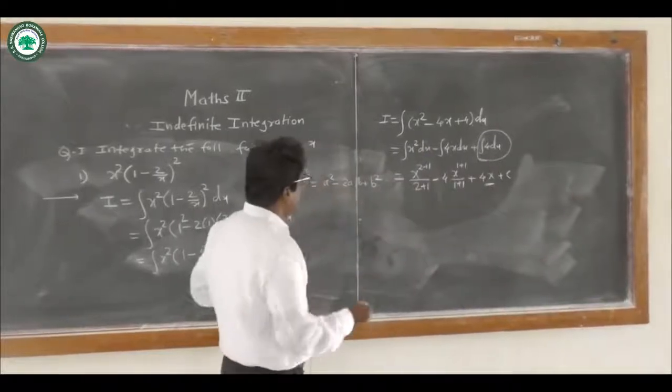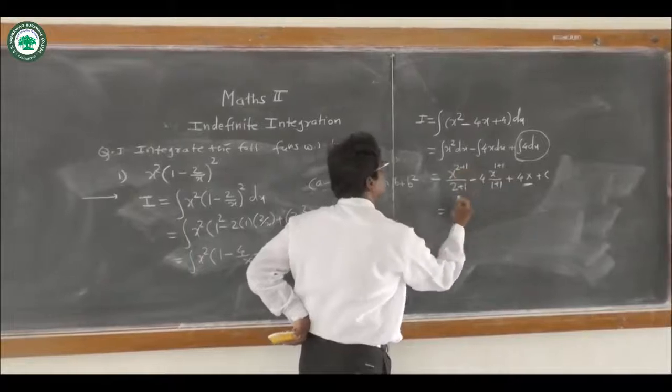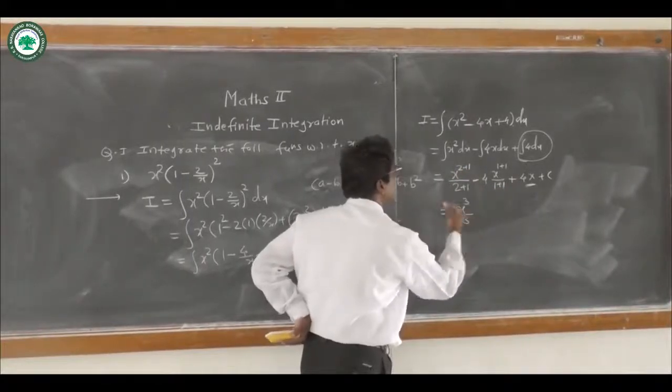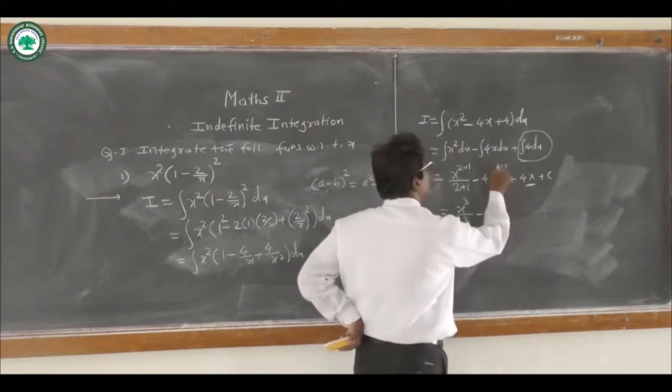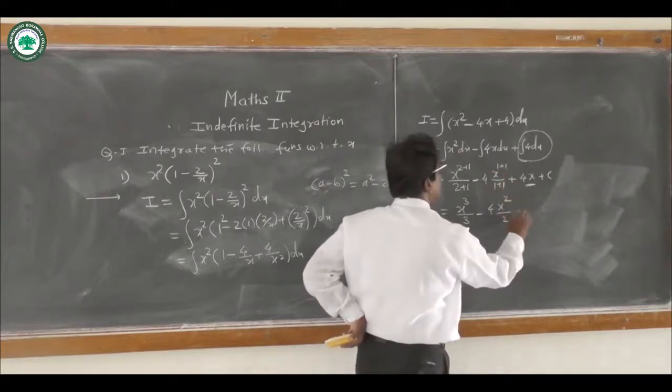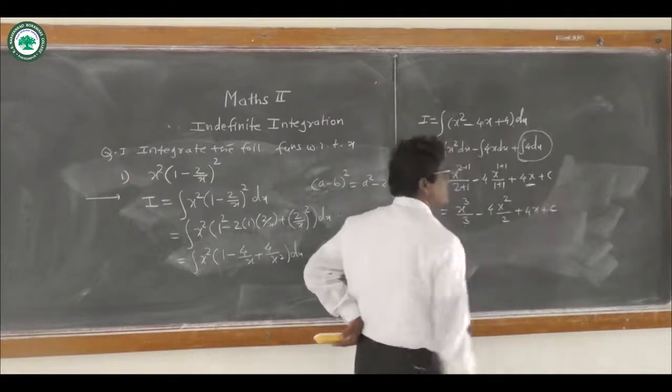So now the final solution is x to the power 2 plus 1, 3, upon 2 plus 1, 3, minus 4 x to the power 1 plus 1, 2, upon 2, plus 4x plus constant of integration c.